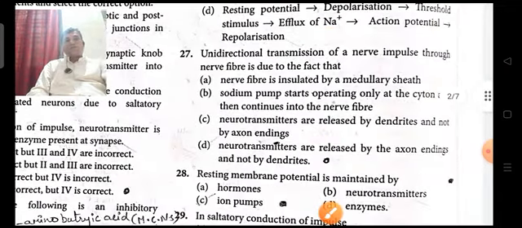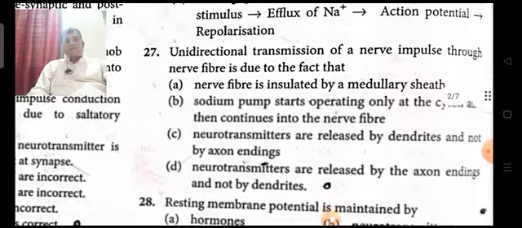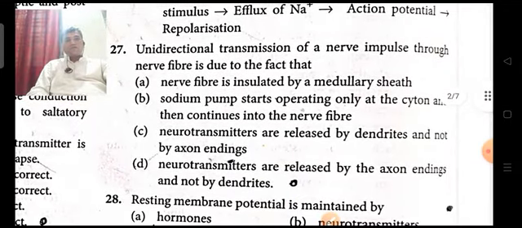Next, coming on to the next question. Unidirectional transmission of nerve impulse through nerve fiber is due to the fact that nerve fiber is insulated by a medullary sheath; sodium pump starts operating only at the cyton and then continues into the nerve fiber; neurotransmitters are released by the dendrites and not by axon endings; neurotransmitters are released by the axon endings and not by dendrites.